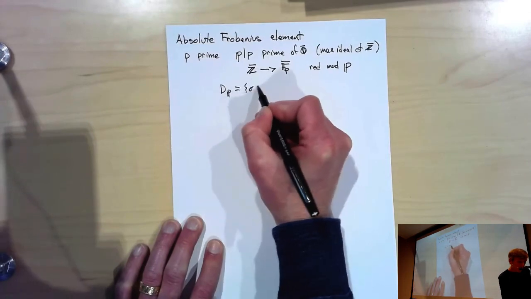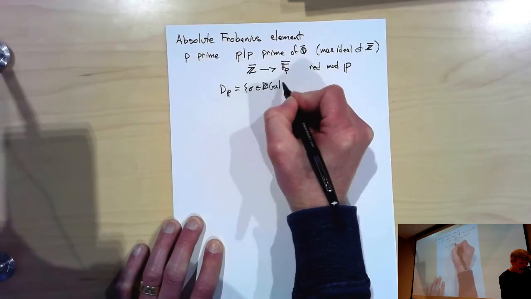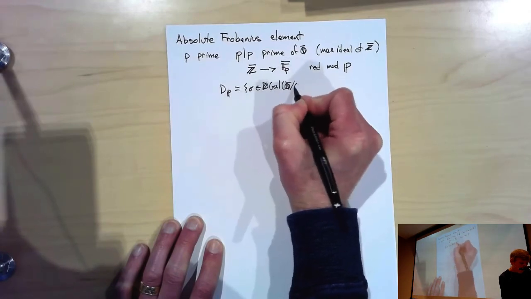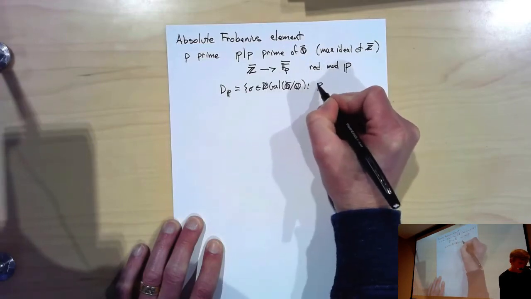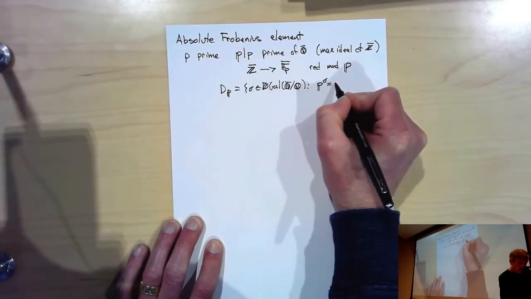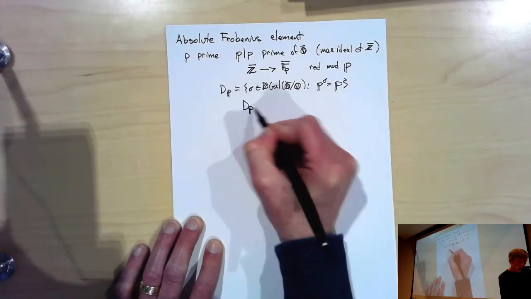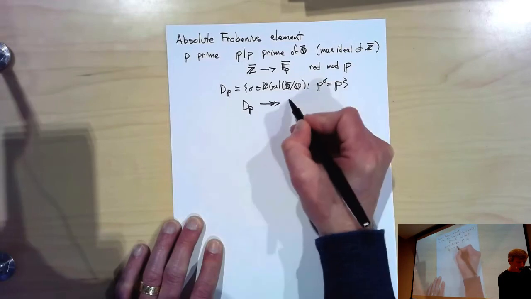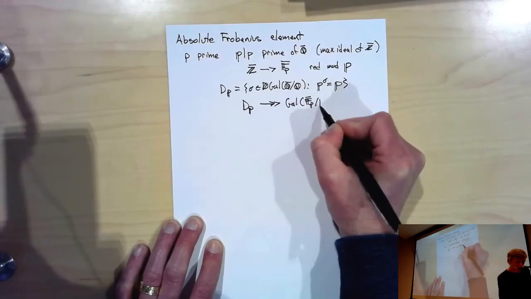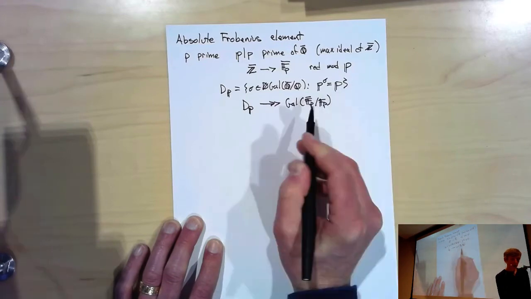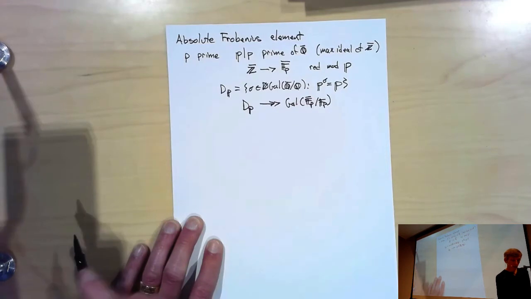These are the elements of the absolute Galois group that fix our ideal frak P. And we know that we have a surjective homomorphism from the decomposition group onto the Galois group of Fp bar over Fp. And of course here by Fp bar I mean precisely the Fp bar that we chose when we fixed our frak P.